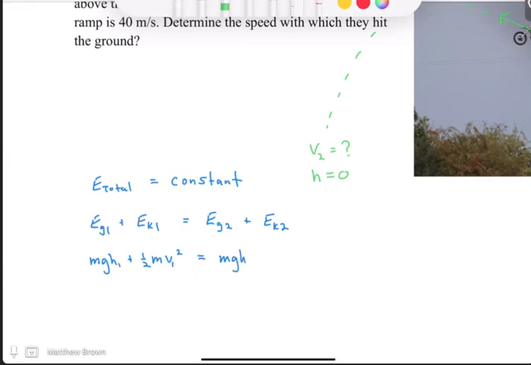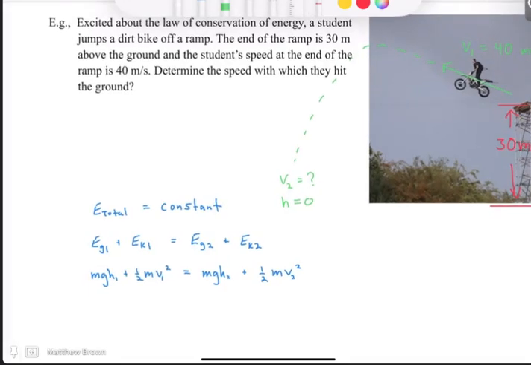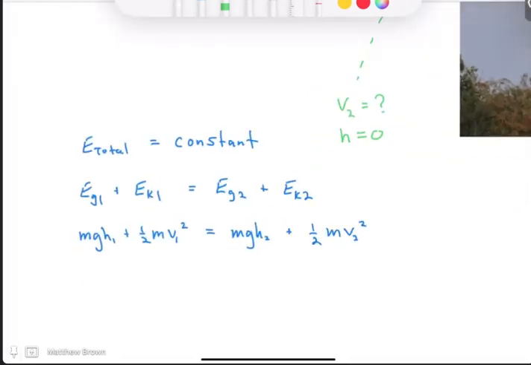I guess here I should say h1 and h2 plus 1/2 mv2 squared. Now, there's a mass in every one of these terms, and I don't think I'm even given a mass, but that's fine because they all cancel out. There's a mass in every term, so we don't even need that.